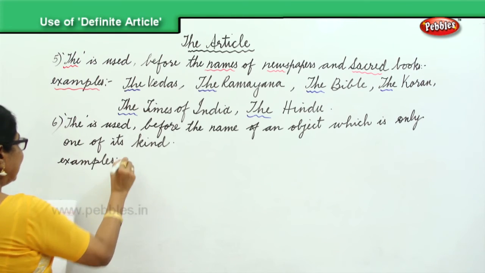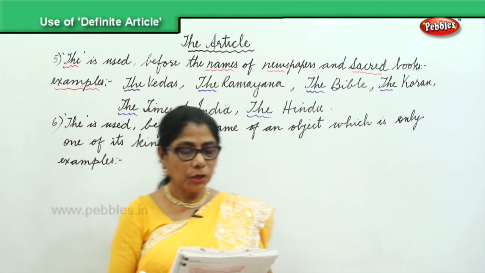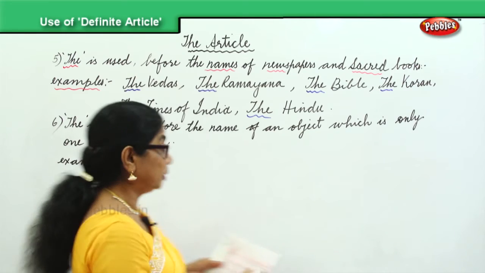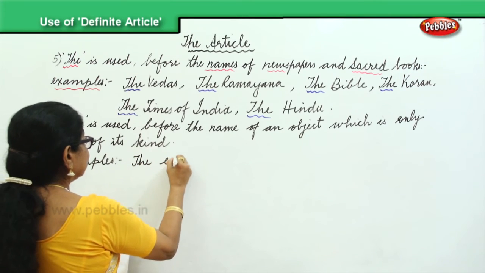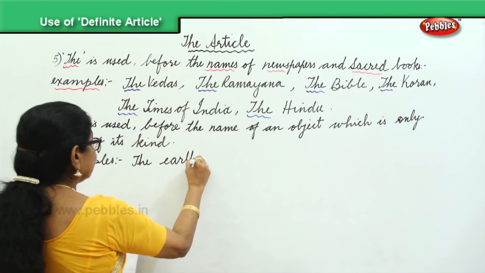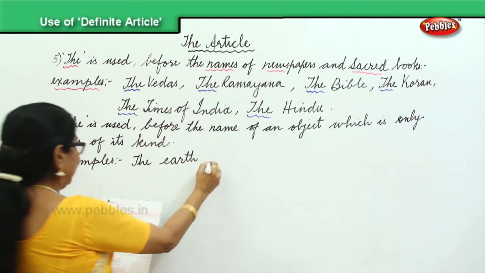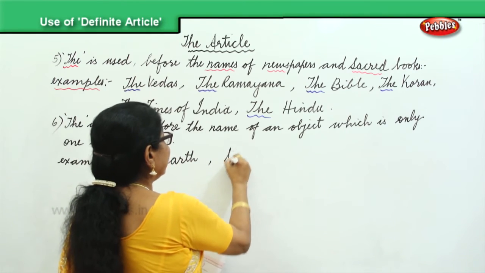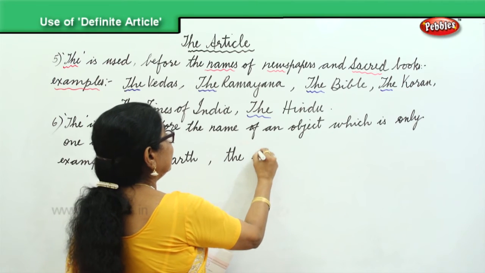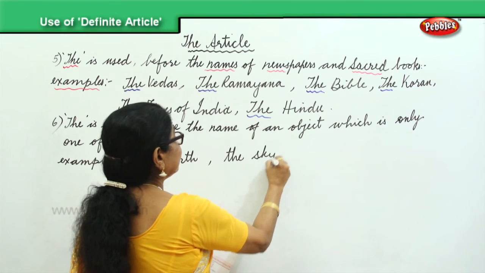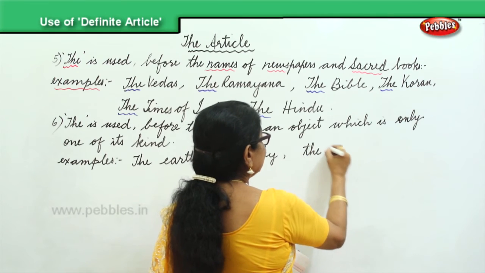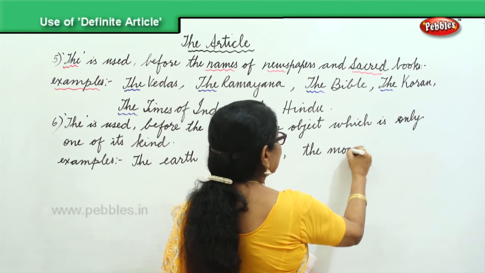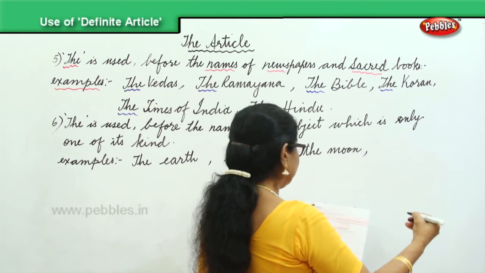Now let's look at the examples. You will say the earth. Then you will say the sky. You will say the moon.